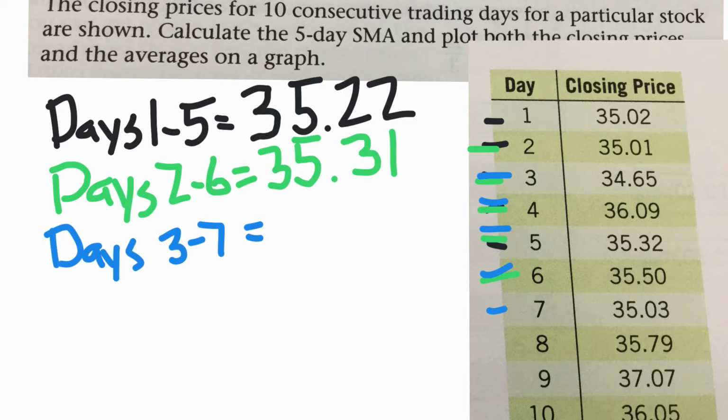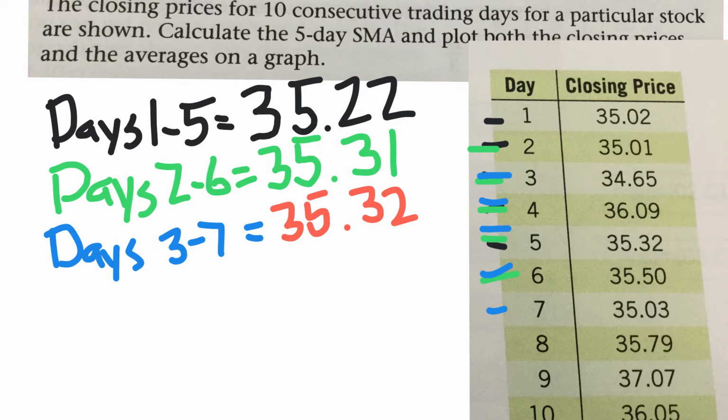Just look, that's a good way you can check that. They're all in the 30-something, so the average should be in the 30-somethings. $35.32.